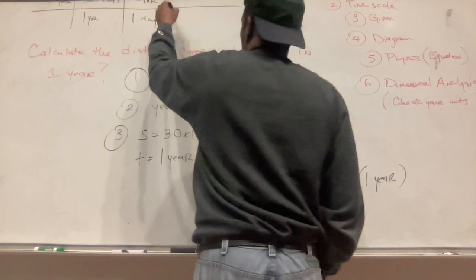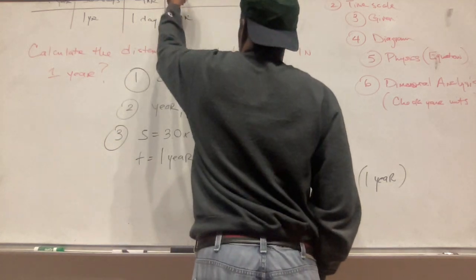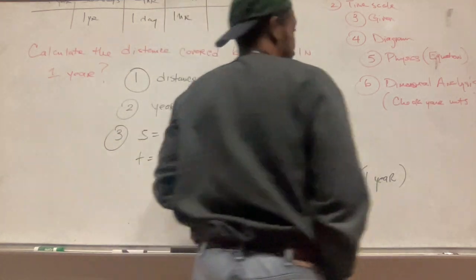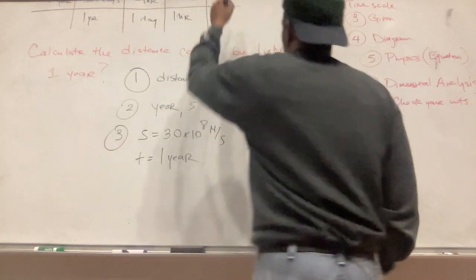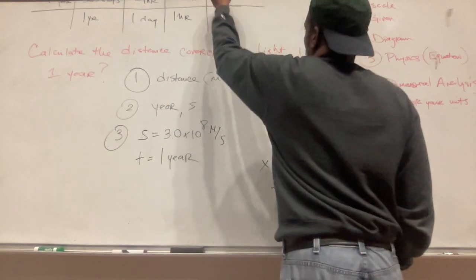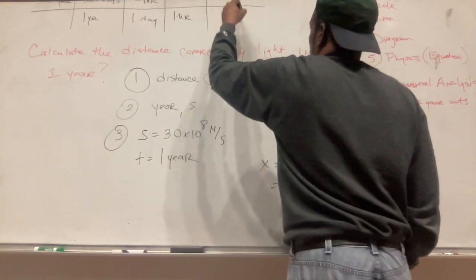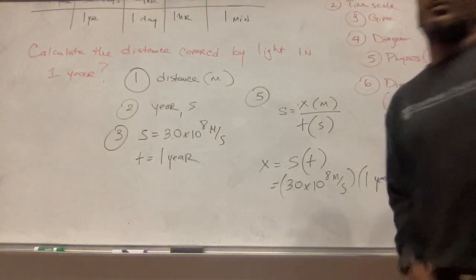And then 1 hour is 60 minutes. And then 1 minute is 60 seconds. So what's this number at the top?